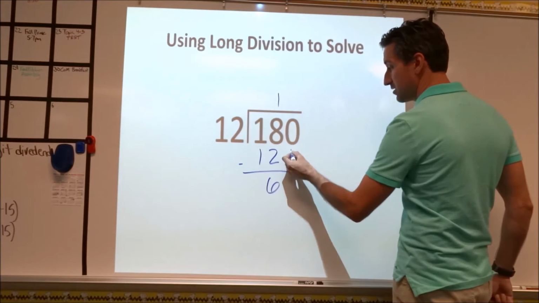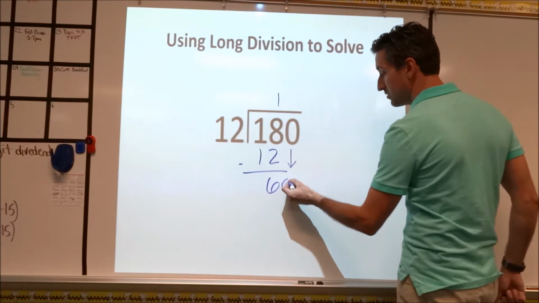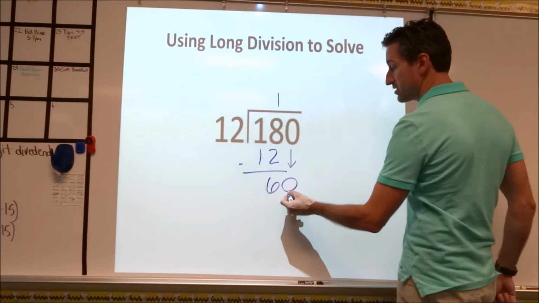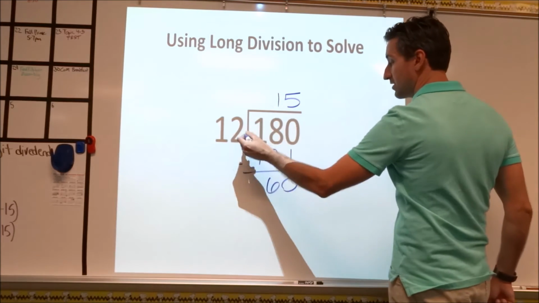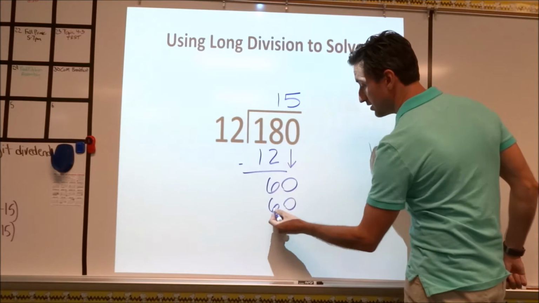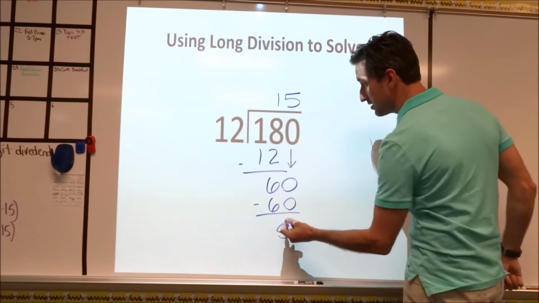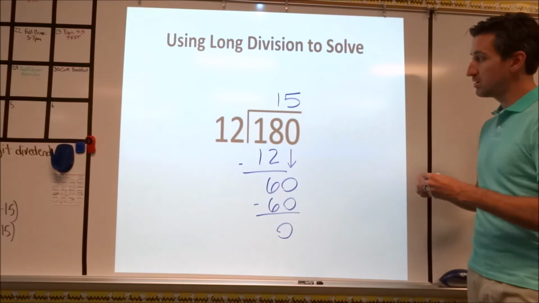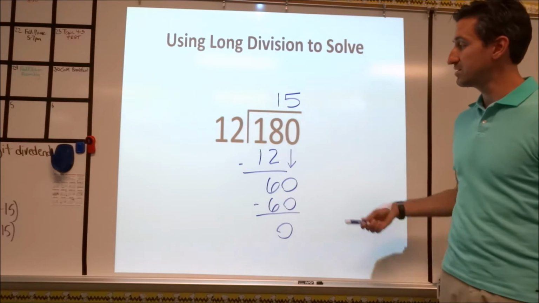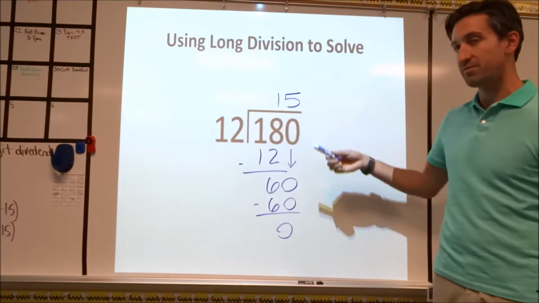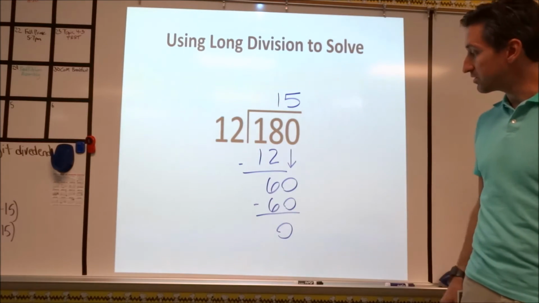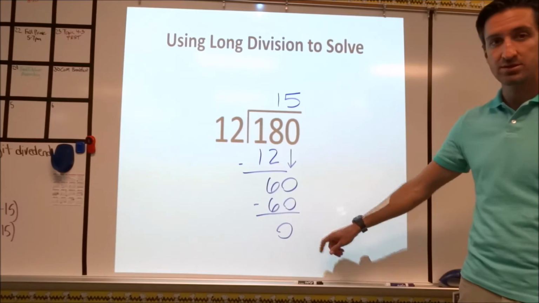I subtract, bring down my 0. 12 will go into 60 5 times. 5 times 12 is 60. So my quotient is 15. 180 was the dividend, 12 is the divisor, and 15 is the quotient. There's no remainder on this one.